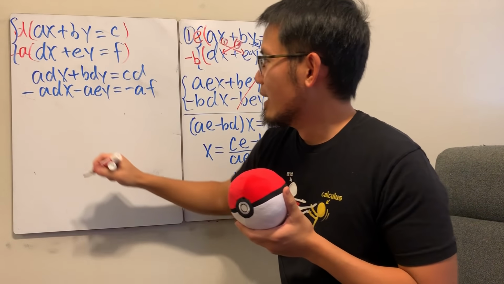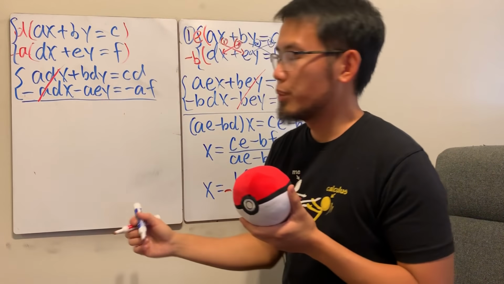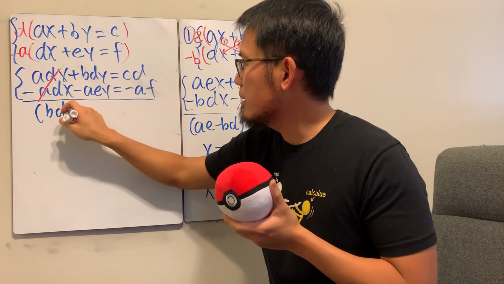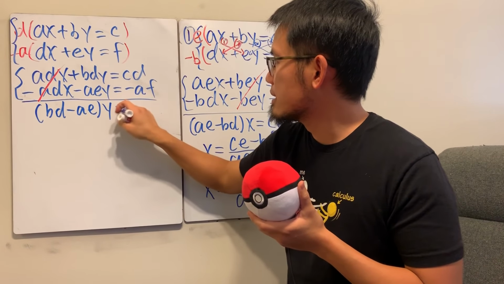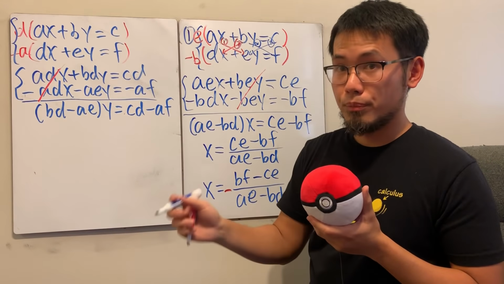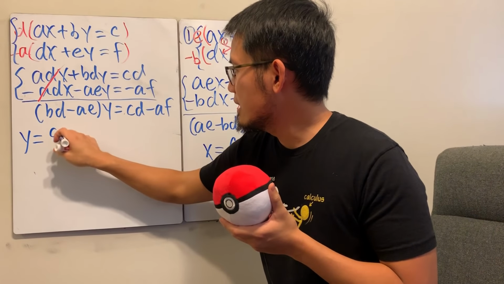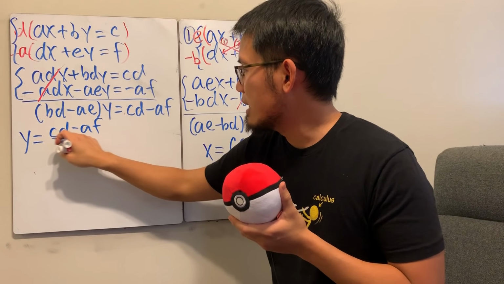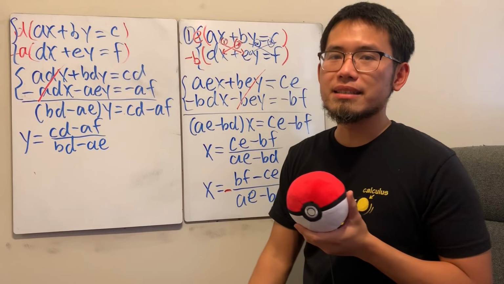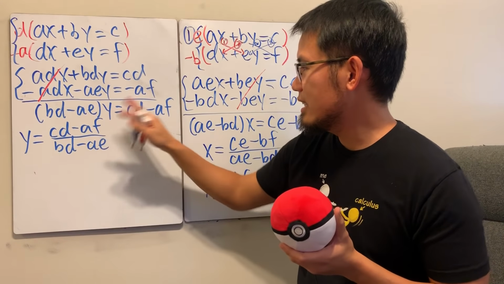All right, when we combine these two equations, they cancel pretty nicely, and then this right here becomes bd minus ae times y, that's equal to cd minus af. Yeah, pretty good, huh? And now y is just nicely equal to cd minus af divided by bd minus ae, like that.